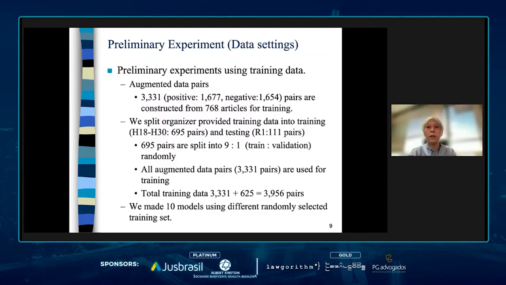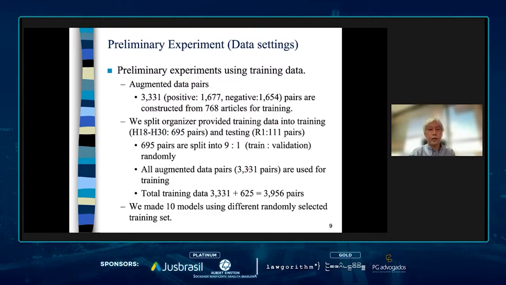The training data are also split into training and validation, nine to one. So finally, we have almost 4,000 pairs for training, 70 pairs for validation, and 111 pairs for testing.